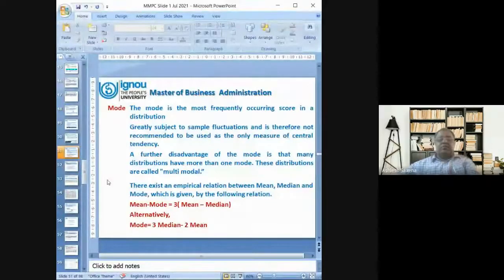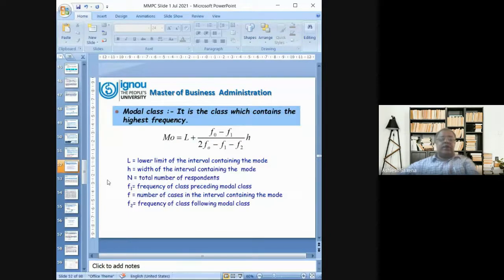Now, if we have to calculate mode for grouped data, we have a formula for that. Can you repeat the relation between mean, median, mode? That is, mode is equal to 3 median minus 2 mean.